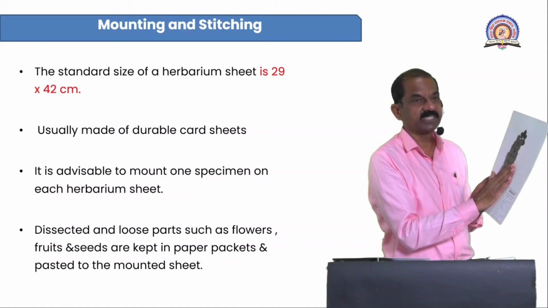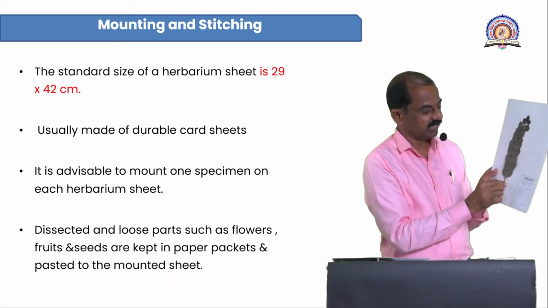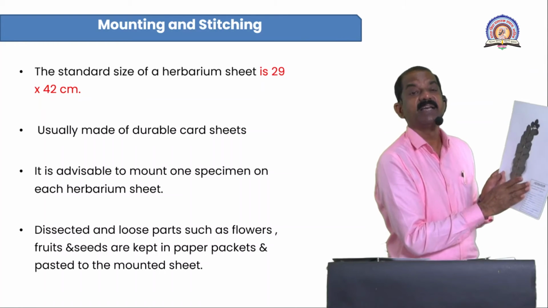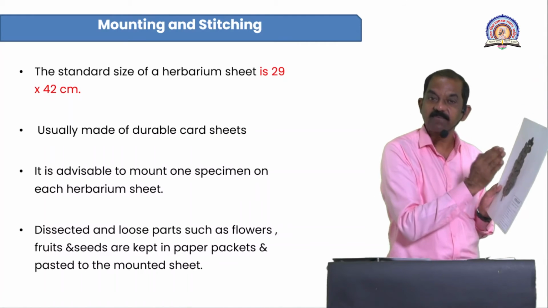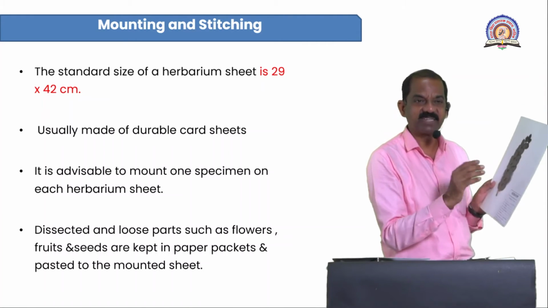On the herbarium sheet comes the mounting and stitching of the plant specimen. This plant specimen has a size of about 25 centimeters, with flower or any other additional material, like the root or the fruit.